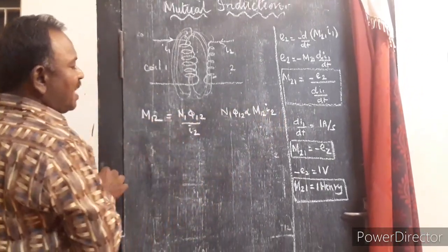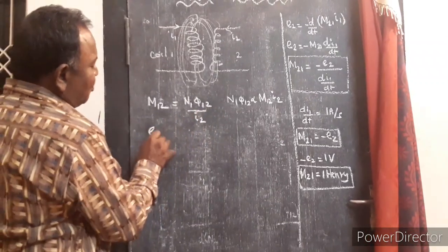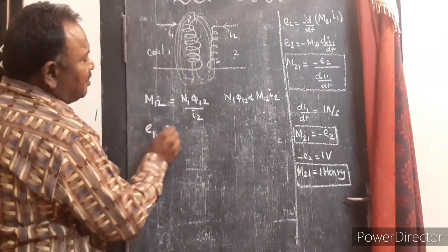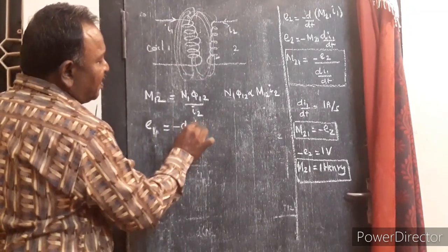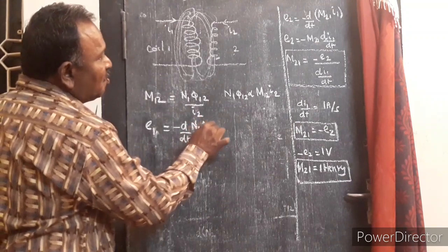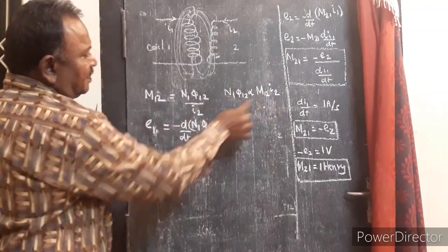Substituting this value, the induced EMF in the first coil is given by E is equal to minus d by dt of N1 Φ12. This N1 Φ12 is nothing but this value.